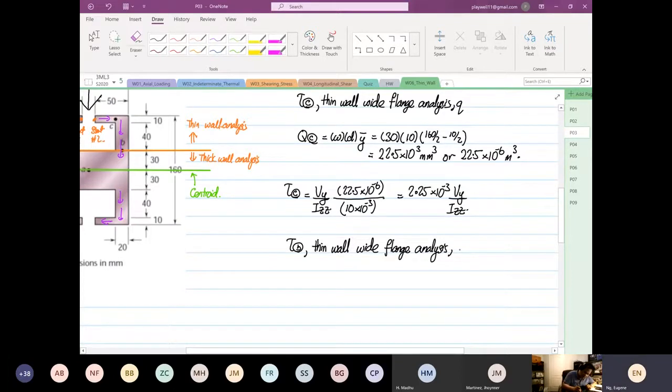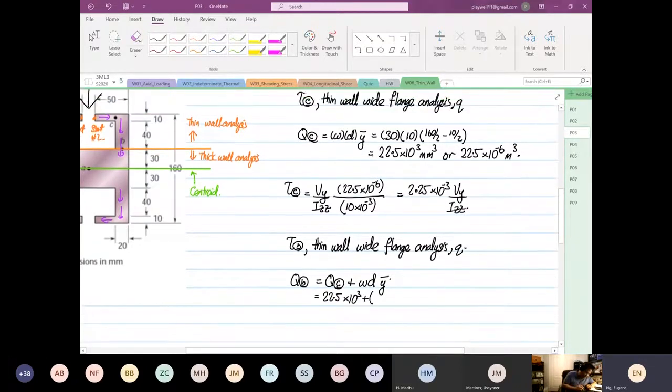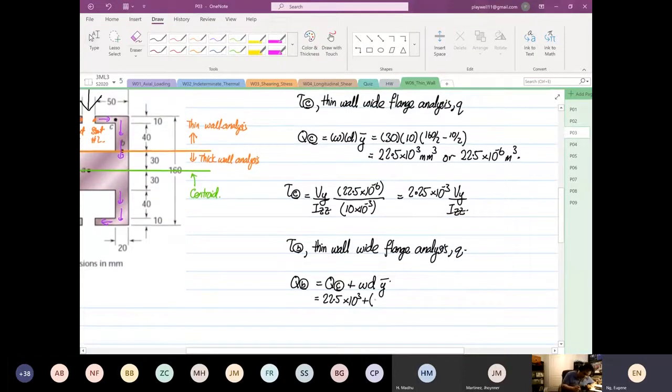Again, you have Q. Then the Q at point B is equal to Q at point C plus the width, depth, and Y bar. So this is equal to 22.5 times 10 to the power 3 plus the width is equal to 20, the depth 40 plus 10 is 50.